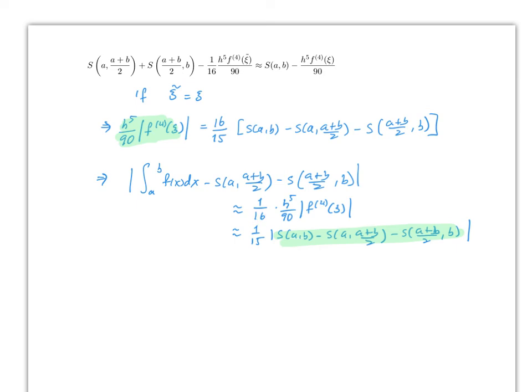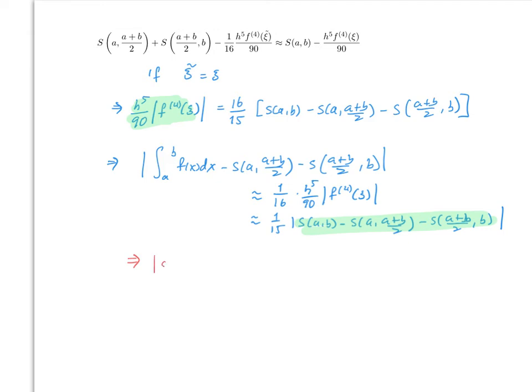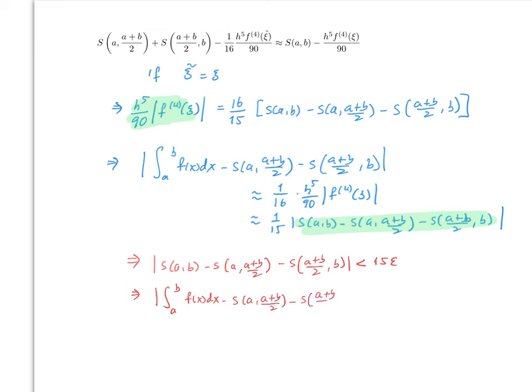Therefore, this implies the absolute value of S of AB minus S of A plus B over 2, and then minus S of A plus B over 2 and B, this is less than 15 epsilon, or the integral from A to B of f of x dx minus S of A plus B over 2 minus S of A plus B over 2 and then B, that this is less than epsilon.